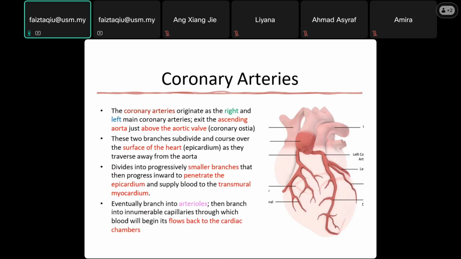Progressively they divide into smaller branches, then penetrate inward and supply the transmural myocardium. Eventually they branch into the arterioles, the smallest, then into innumerable capillaries, through which blood begins its flow back to the cardiac chambers.